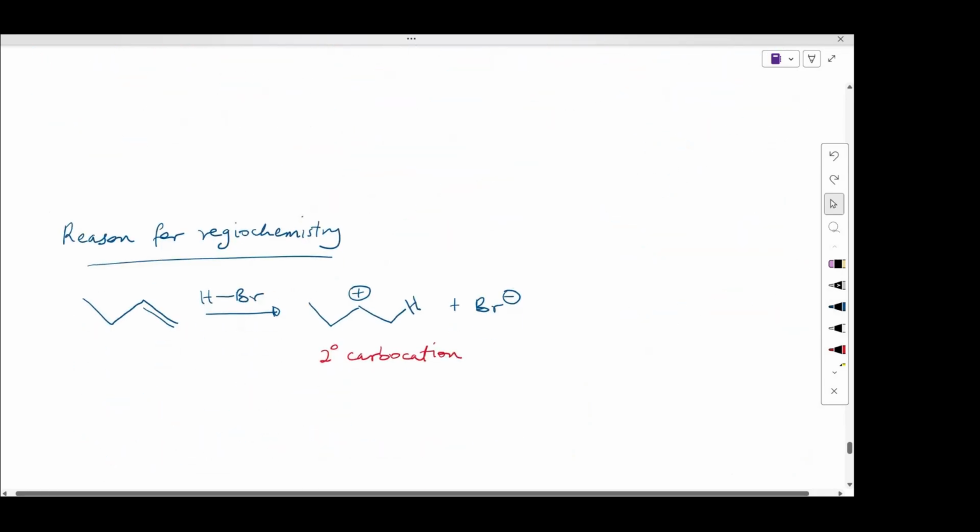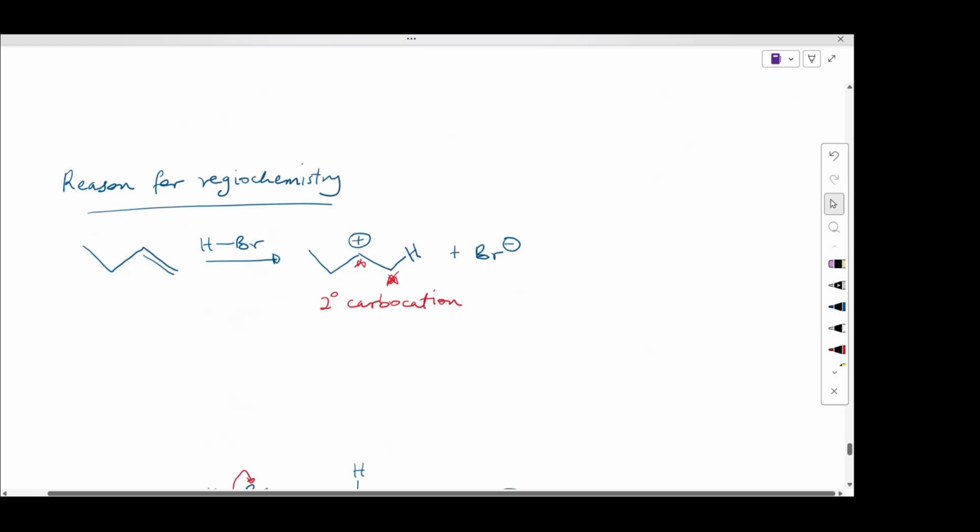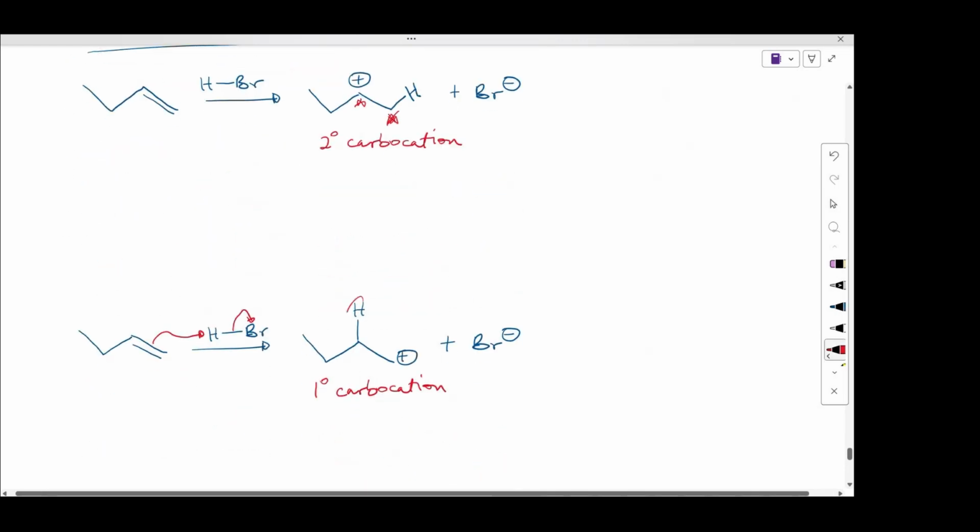Now, why do we have the type of regiochemistry that we have? Why does the hydrogen always prefer to be added to the less substituted carbon and bromine on the more substituted carbon? So in terms of regiochemistry, if we place the hydrogen on the less substituted carbon, the positive charge will be on carbon 2. But what happens if we place the hydrogen on the more substituted carbon?